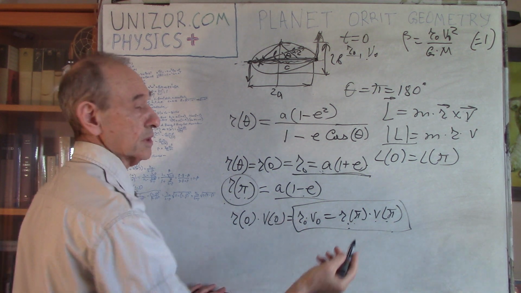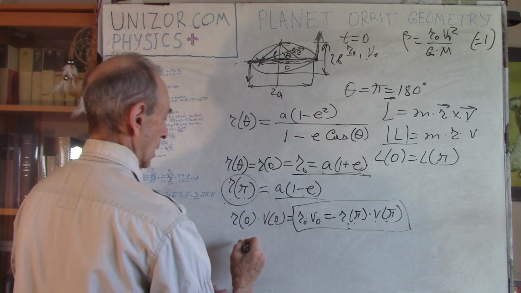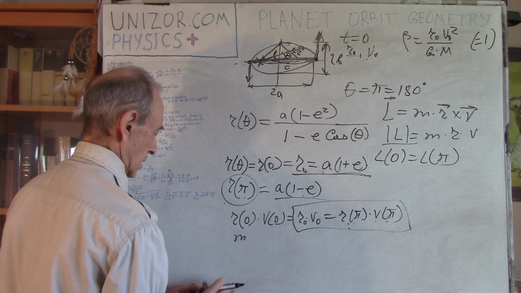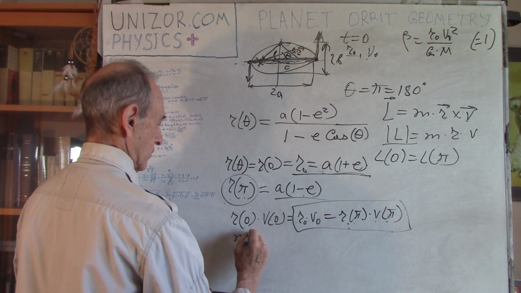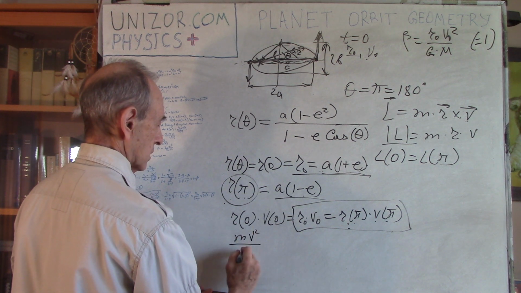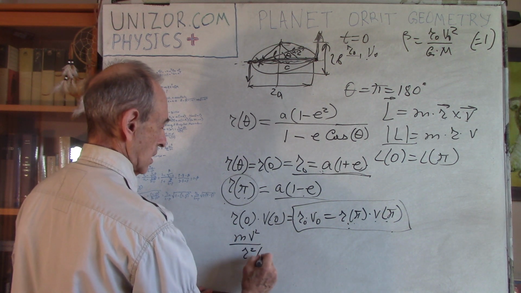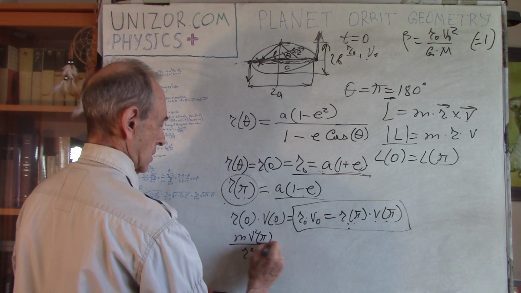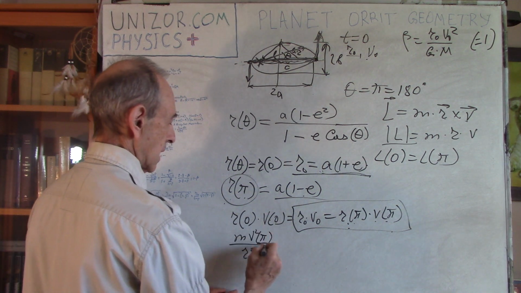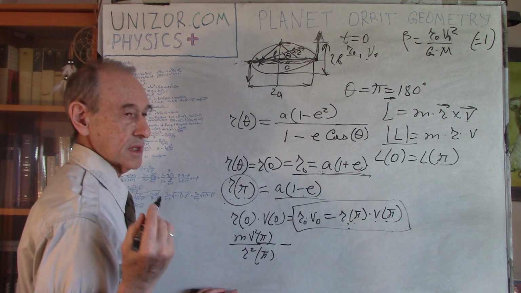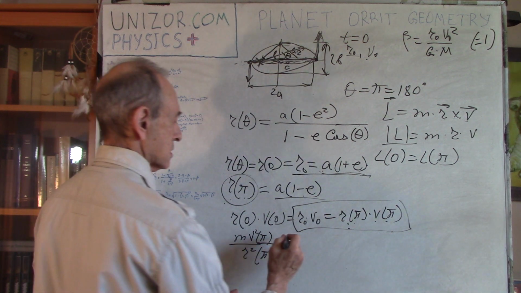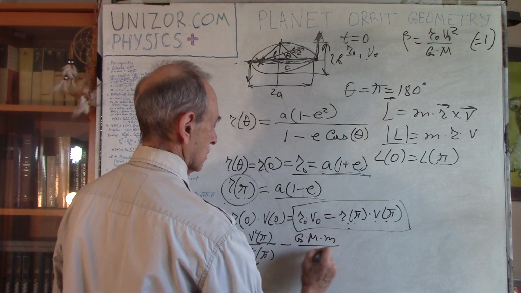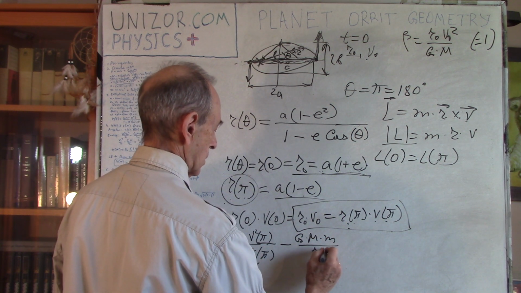The next one would be energy conservation. Now, energy conservation is kinetic, m v squared divided by r squared of pi. Now, that's the kinetic energy. The potential energy is G times m divided by r of pi.